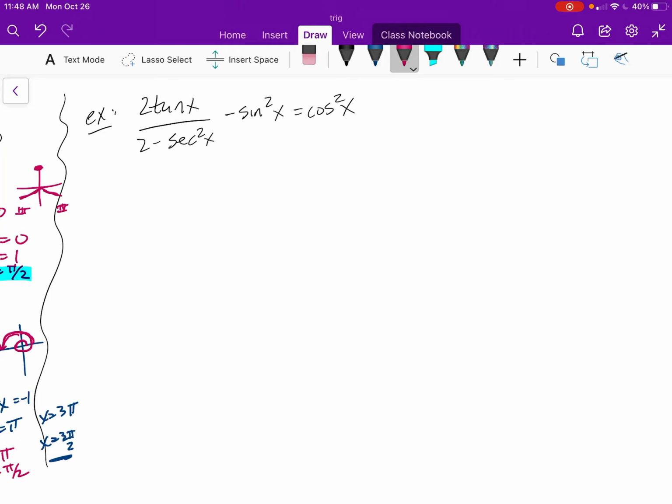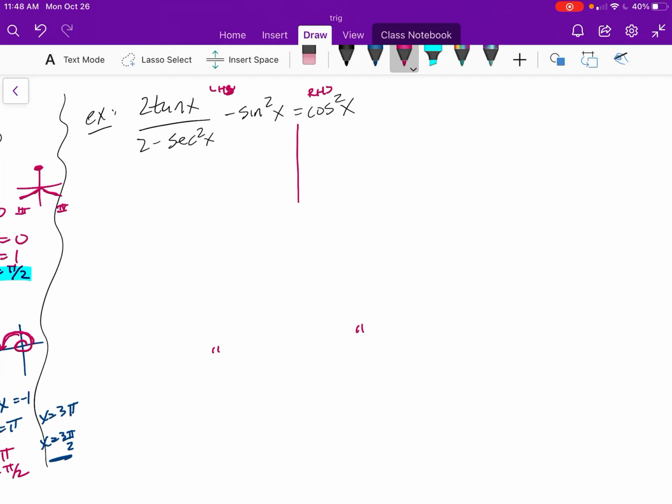When you're verifying, you have to stick with one side of the equal sign, right? You have to manipulate all this stuff on the left-hand side independently from the right-hand side until you get two things that are equal. But since we're solving, this is an equation, I can now mess with both sides.